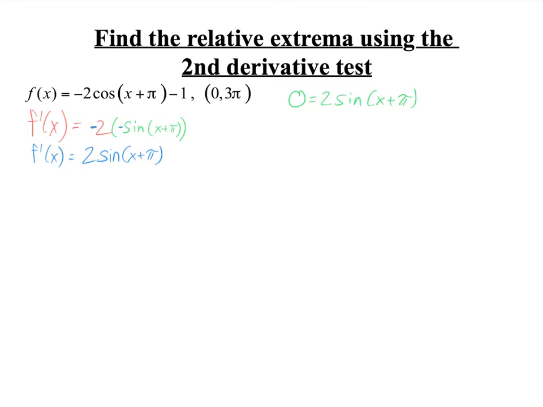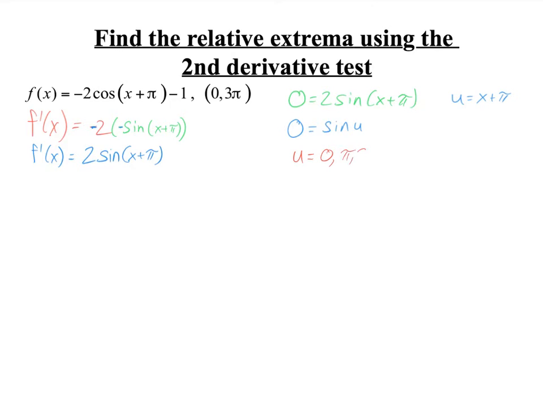So what I'm going to do here is 0 equals sine u, and u is going to be x plus pi. So when is sine of u equal to 0? What would u be? Well, when is sine 0? That is at 0, correct?